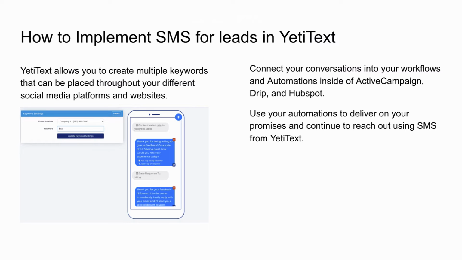For Yeti Text, that could be ActiveCampaign, Drip, HubSpot, any of those different CRMs you could be saving this information into. So you can build out your conversation to capture information and then transition that into a live conversation. And that's ideally what you would want to do.